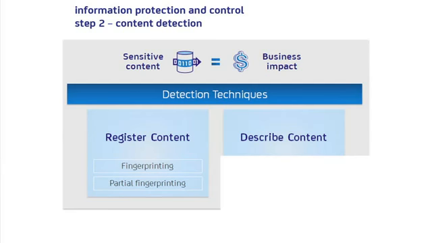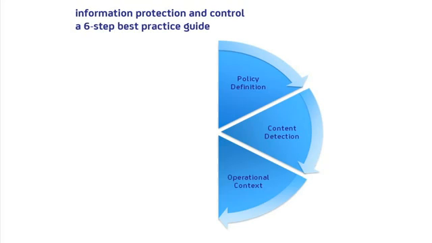It's critical to use this technique to detect intellectual property that could be in graphic, audio, or video formats, as well as sentence-level detection within text files. The second technique is describing content. Examples of this would include lexicons and keywords to detect content within files such as documents and spreadsheets.